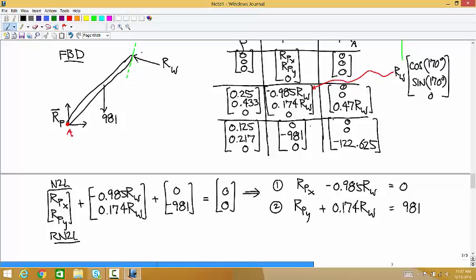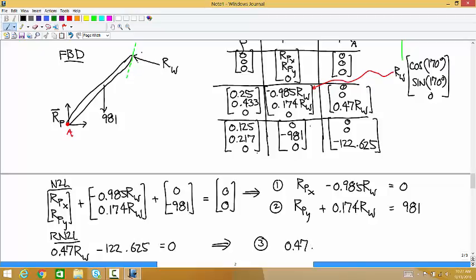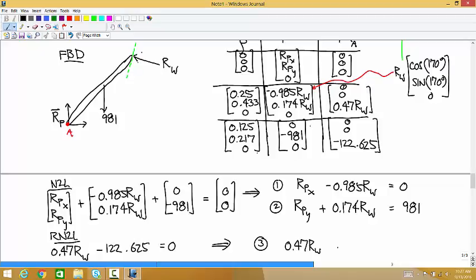And the rotational equation says 0.47 RW minus 122.625 is equal to 0. So that gives us our third equation. 0.47 RW is equal to positive 122.625.